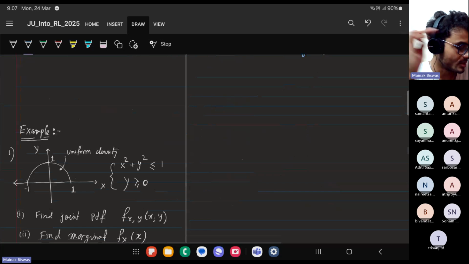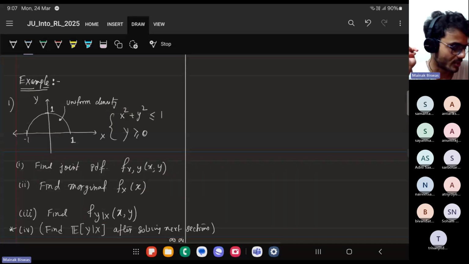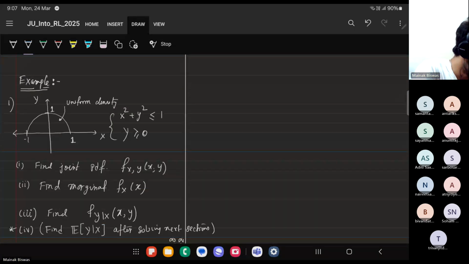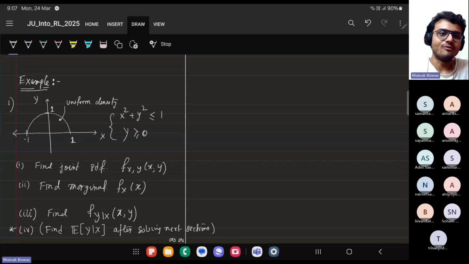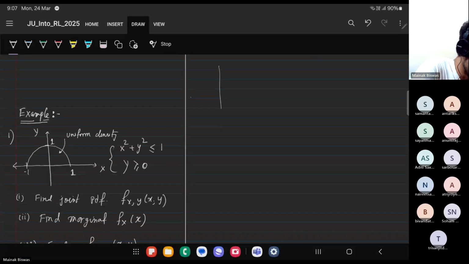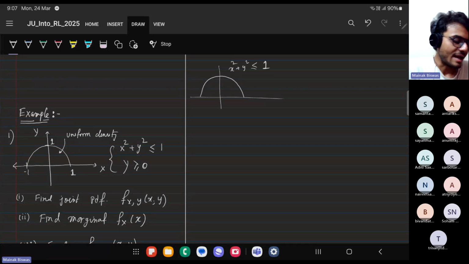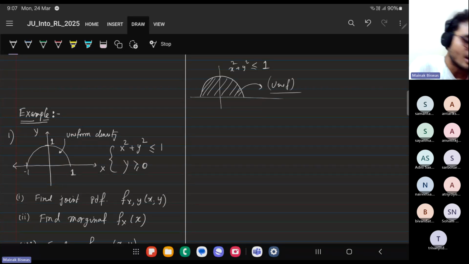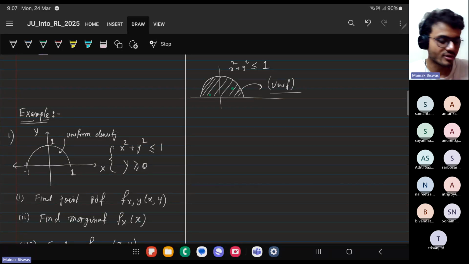Okay, let's take an example and compute all these properties that we discussed just now. The example says that you have an area given to you, a semicircle, that is x squared plus y squared less than or equal to 1, with y greater than 0. It's told that this area is uniform, so the probability of selecting a point here is the same as the probability of selecting a point there.